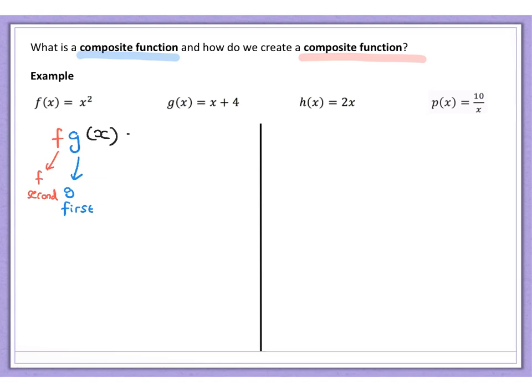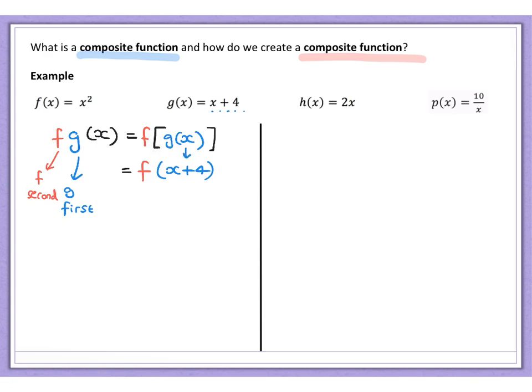So fg of x means we're applying f to g of x, which means we're applying f to x plus 4, because g of x tells us we get x plus 4.